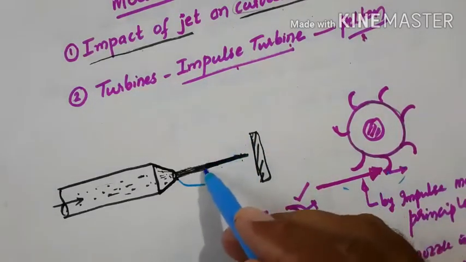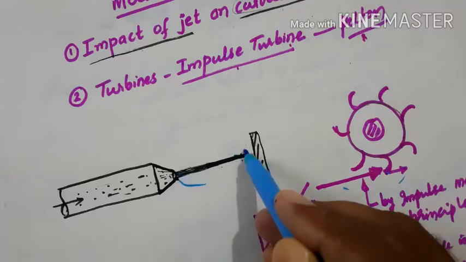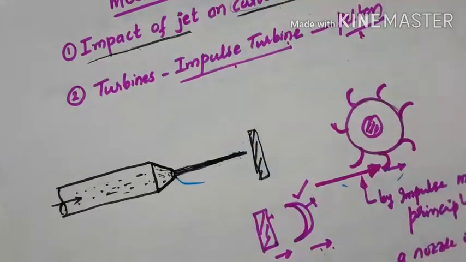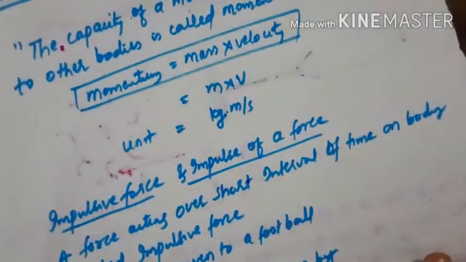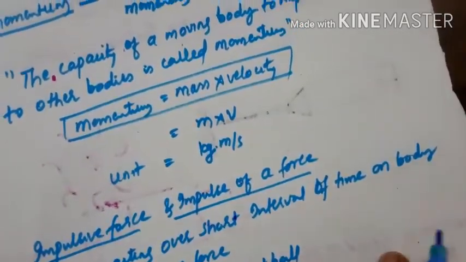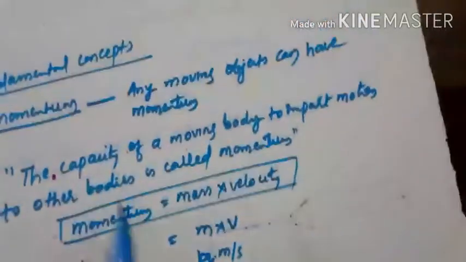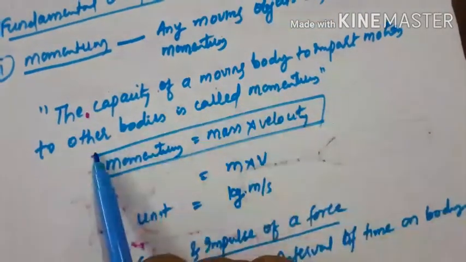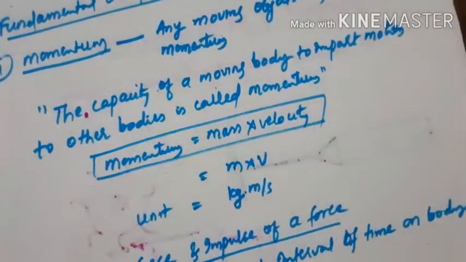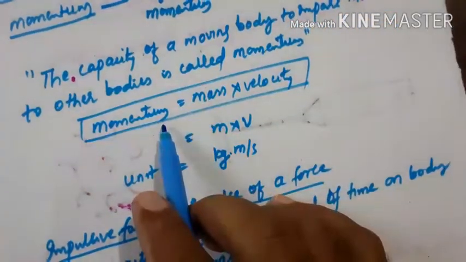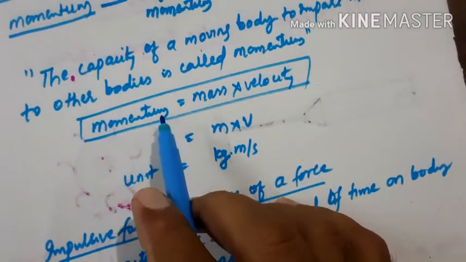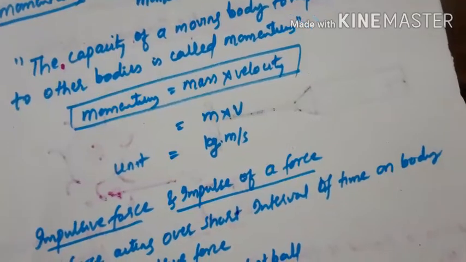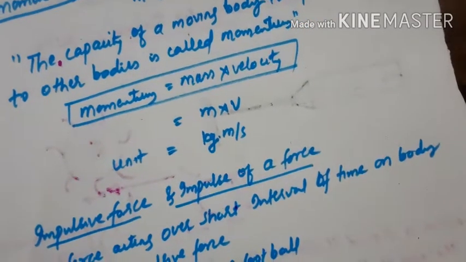So when any moving object applies a force on any other body which imparts a motion to other bodies, that is what we defined here. So the capacity of a moving body to impart a motion to other bodies is called momentum, and this momentum is acting in a very short interval of time. So that is called impulsive momentum or impulsive force.